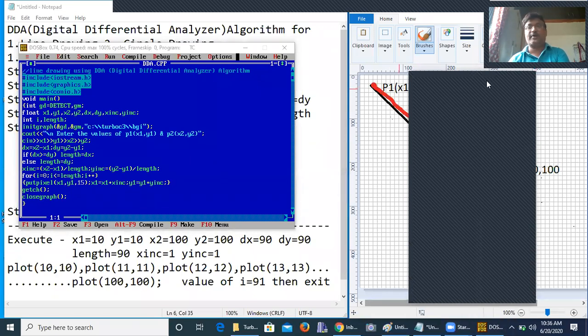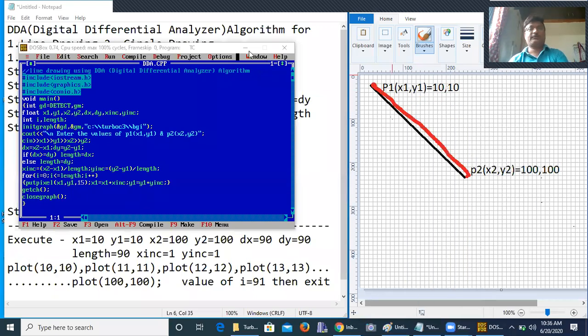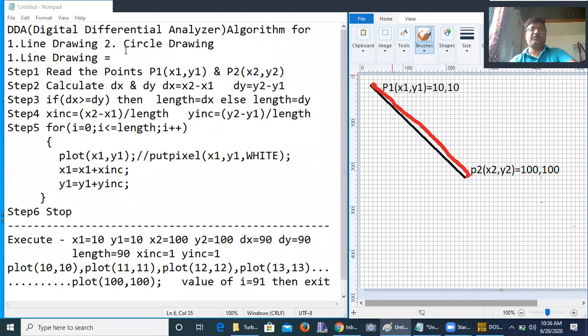I am going to revise again. Today I have learned the digital differential analyzer algorithm for line drawing and circle drawing. In line drawing, I have just started. In step 1, read the points x1, y1, x2, y2. This is the line that I'm going to draw. Then calculate the dx, dy values.